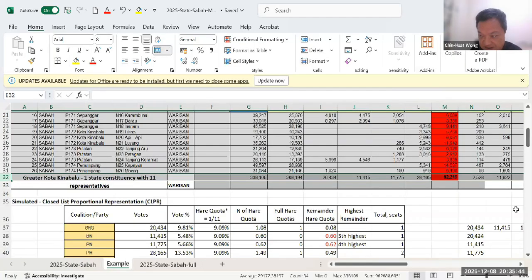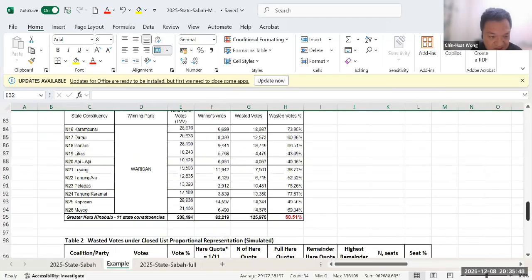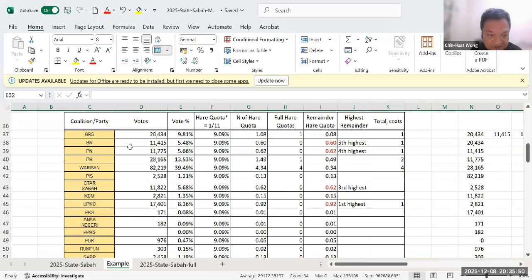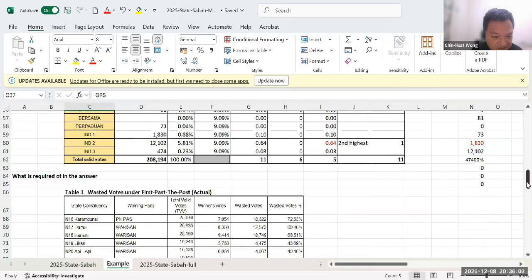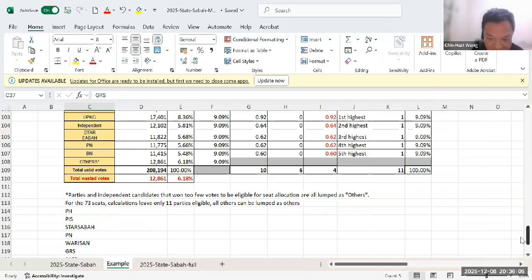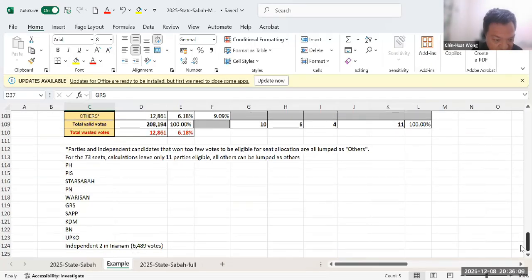So I go back here. I hope you're not lost. You're going to have a list that would have only 11 groups. I can tell you which are the ones. Here up to here, these are definitely in because I give you 11. I have calculated, that's why I know. Peace, GIS, UPCO.